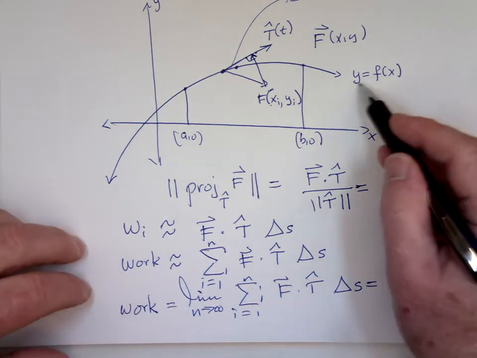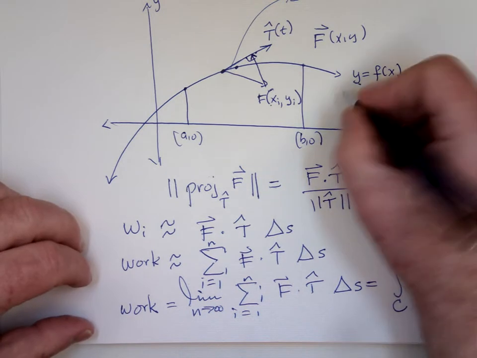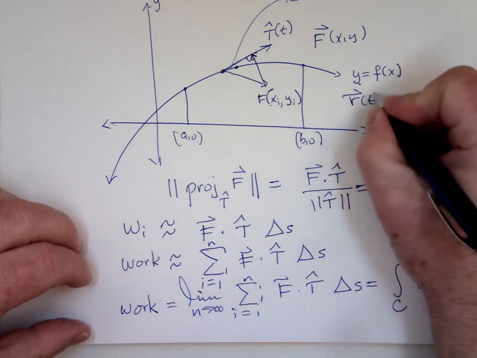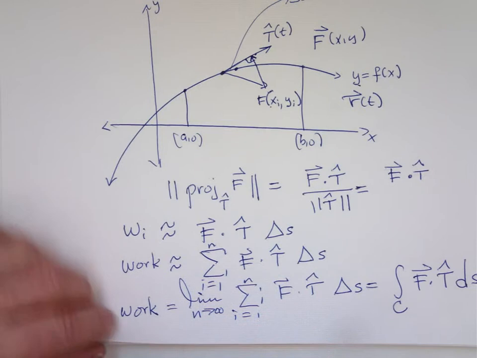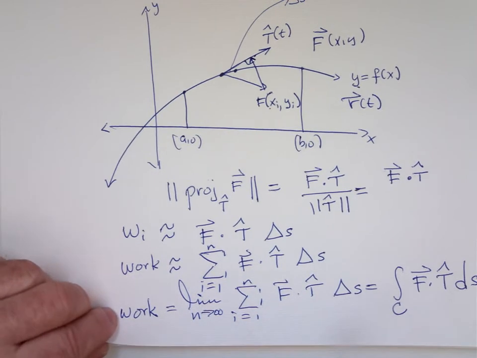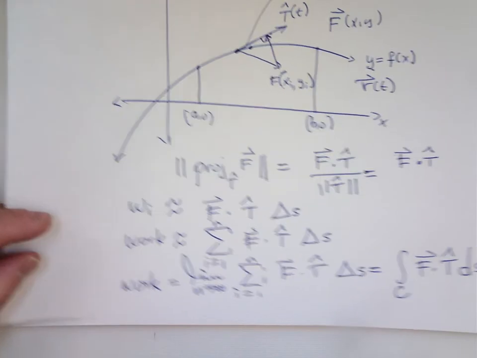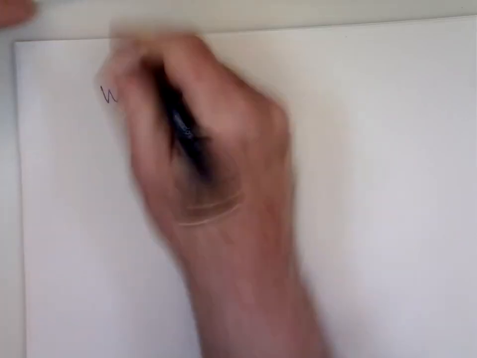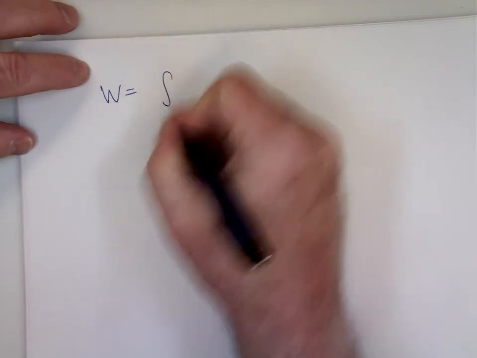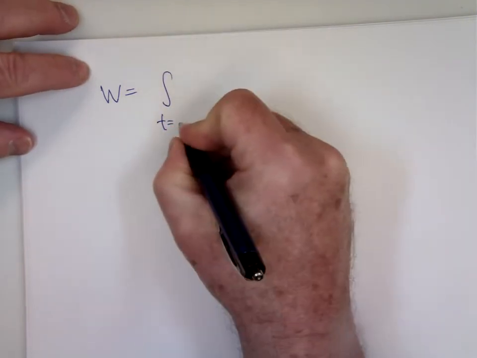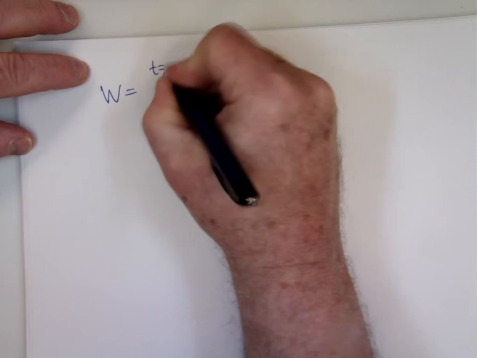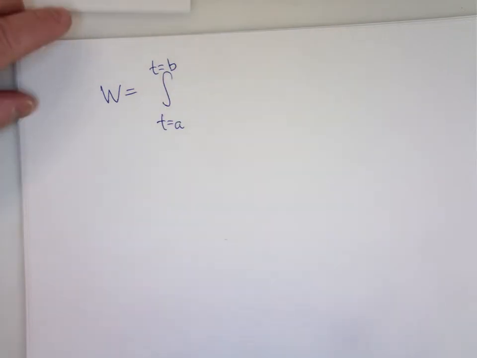Instead of y equals f of x, we're going to have our path in terms of t, r of t. So here we go. We're going to change this from a line integral to an integral in terms of t. So our work is equal to the integral as t goes from, let's say, a to b, the initial point.